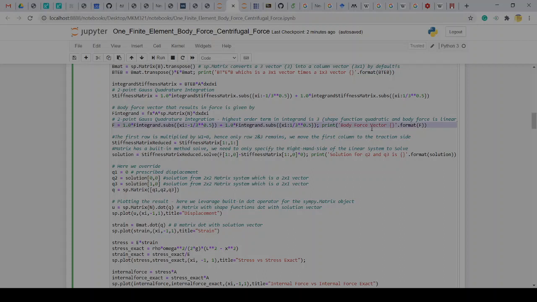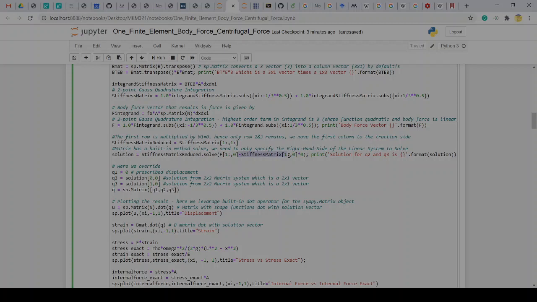Now, after we've integrated, we can reduce the system. We can eliminate the rows and the columns associated with variables that are known, and that is just the variable q1 at x equals 0. So we can reduce the forces as well.